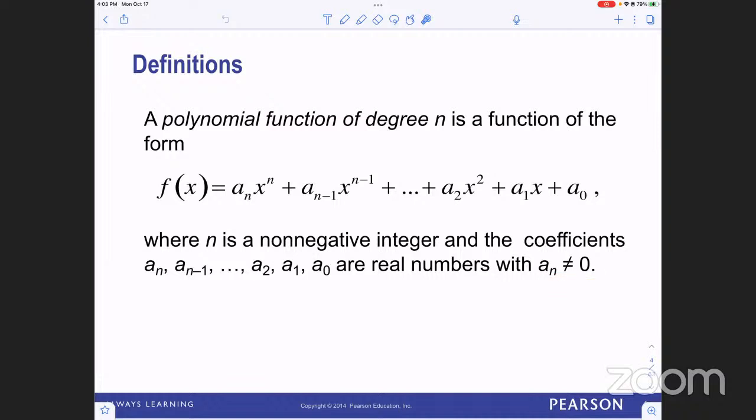A polynomial is a finite sum of monomials. The next logical question is, what's a monomial? A monomial is a term where we have some real coefficient times some variable x to some non-negative integer exponent.